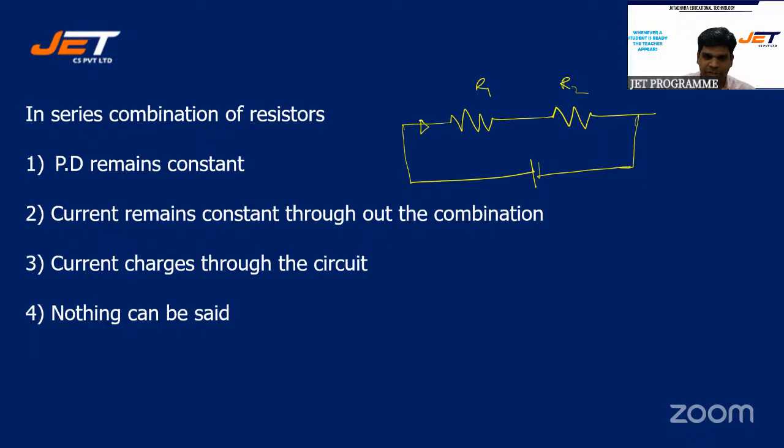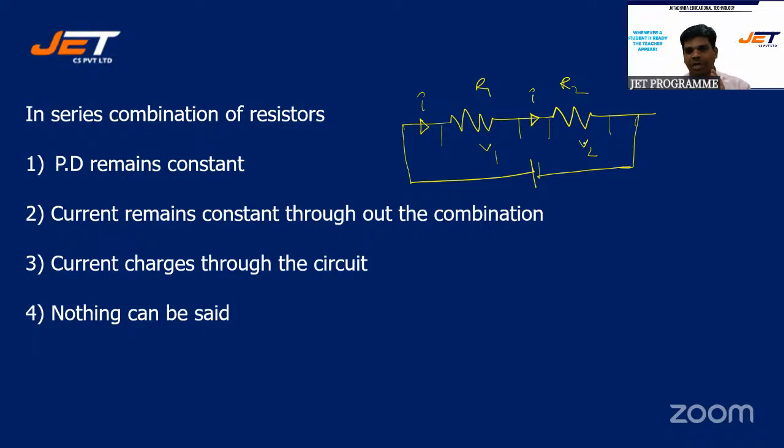The current entering this element is entering through this element also. Same current I. Whatever current is flowing through R1, the same current is flowing through R2. But the potential difference across R1, V1, and across R2, V2, is not the same across the elements.